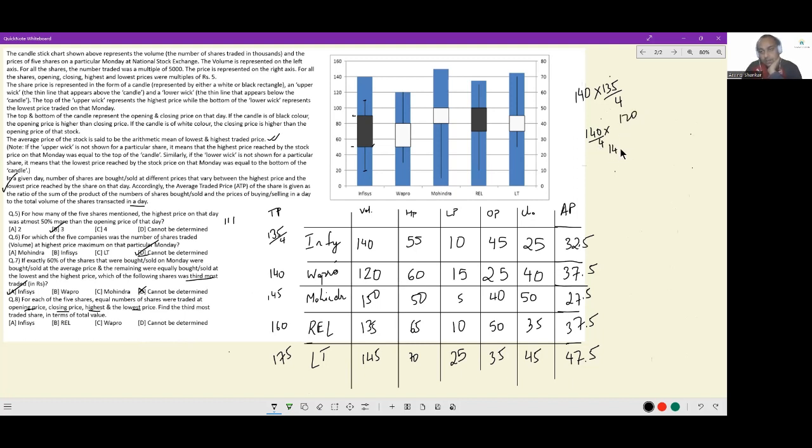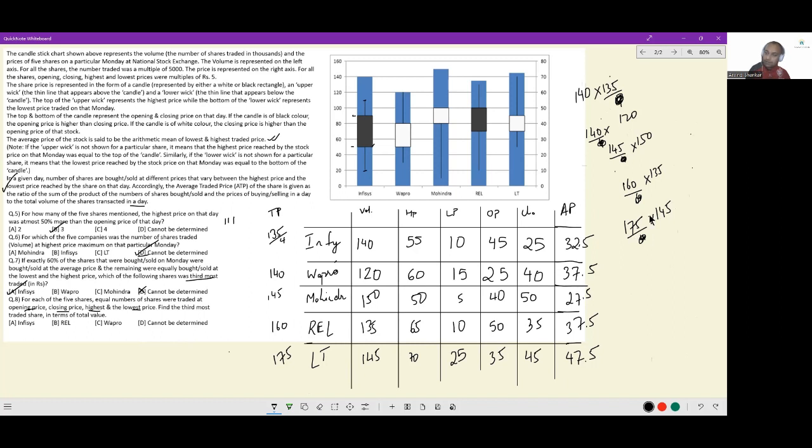Then it is 145 by 4 into 150 for Mahindra and 160 by 4 into 135 for Reliance and 175 by 4 into 145 for LT. Now, right off the top of the bat, if I have to simply compare these, I can see this division by 4 gives me no value. So let it be. I am getting rid of it.